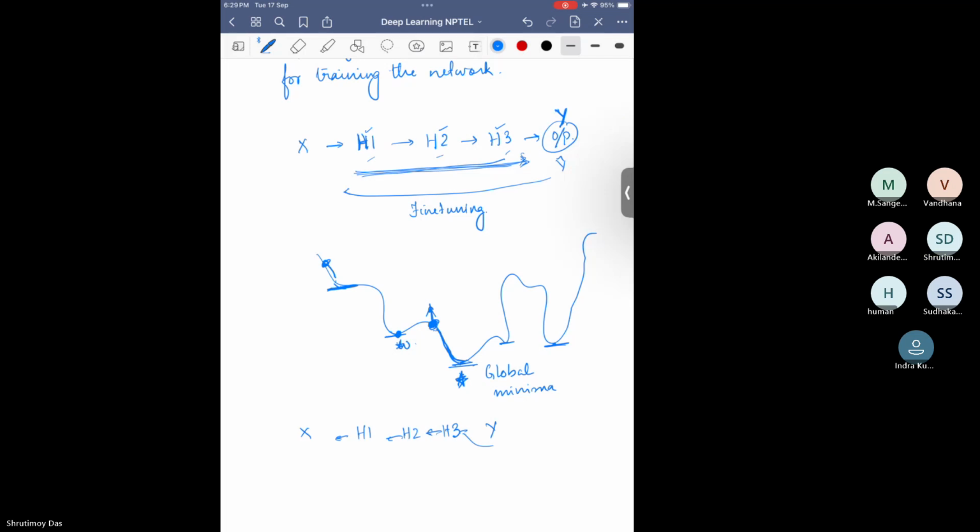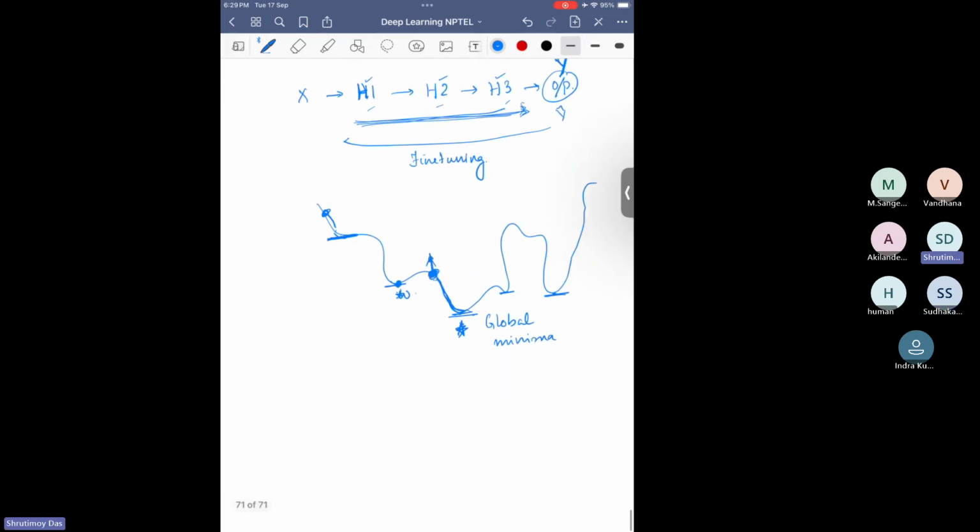So this is exactly the type of concept we discussed last week when we discussed regularization, right? So what does regularization say? In regularization, you have a loss term plus some regularization term, right?